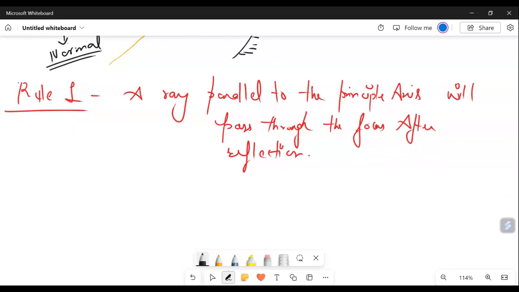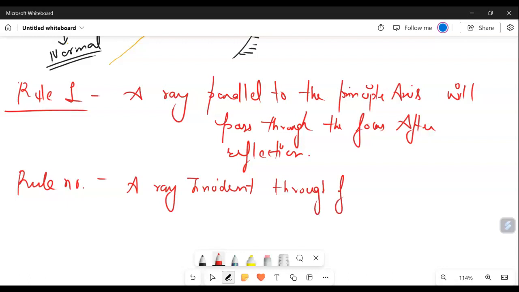Now we will go ahead with the second rule. Rule number 2, you can write down with me: a ray incident through the focus, after reflection, becomes parallel to the principal axis, just opposite to the first rule.